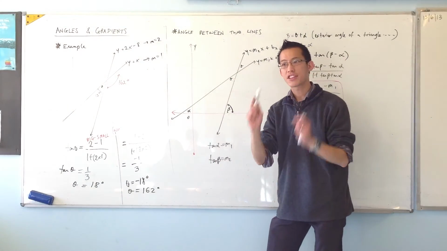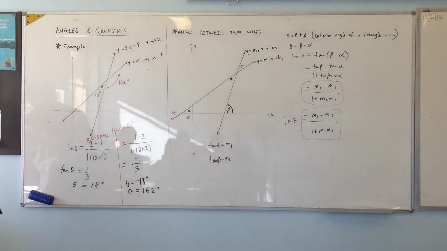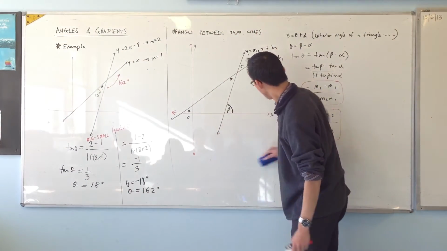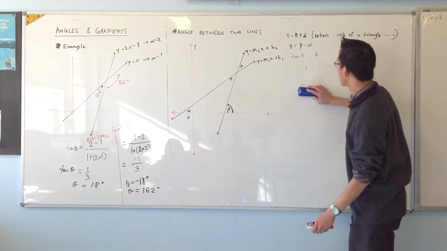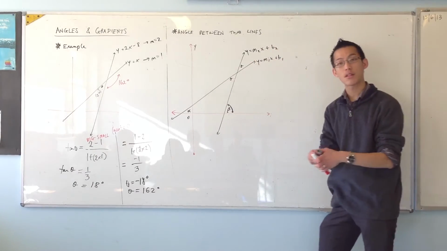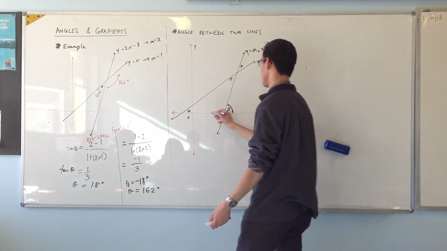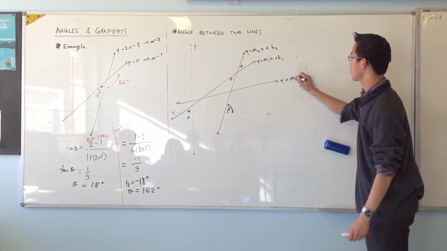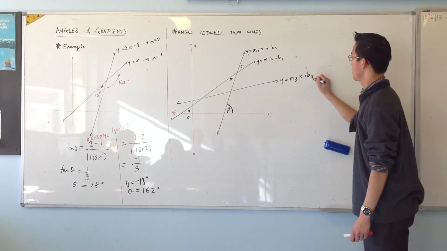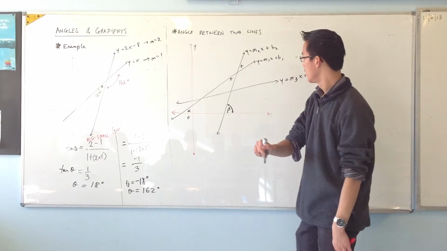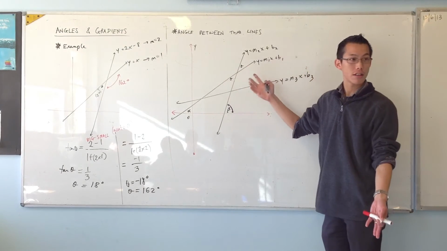Now, that's not always what they're going to ask you. For instance, sometimes they will say, here's two lines, and they'll give you a third one, with a third gradient. And then instead what they'll ask is, tell me what the angles are within the triangle that they form.